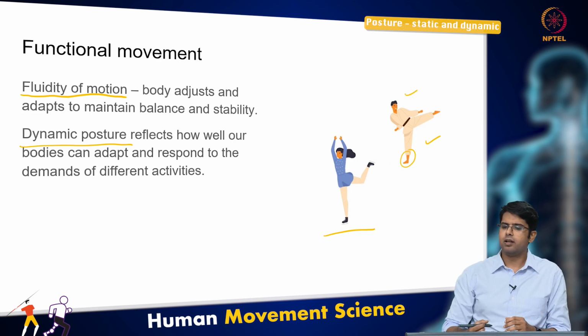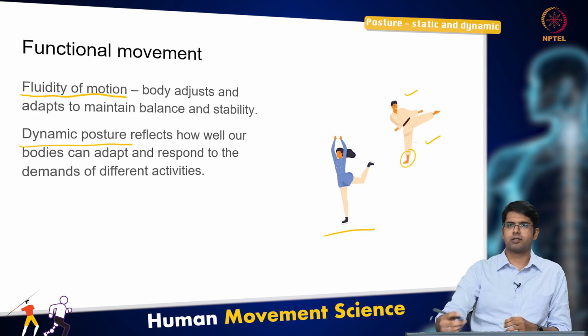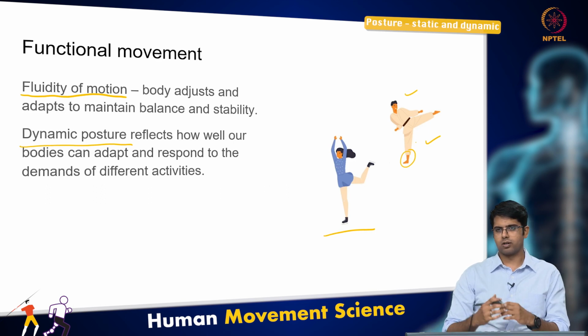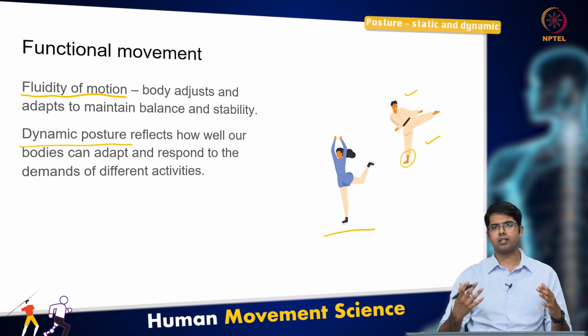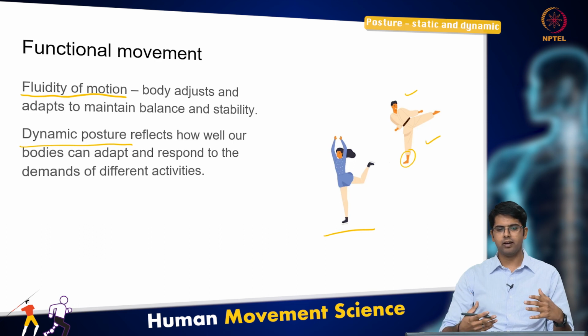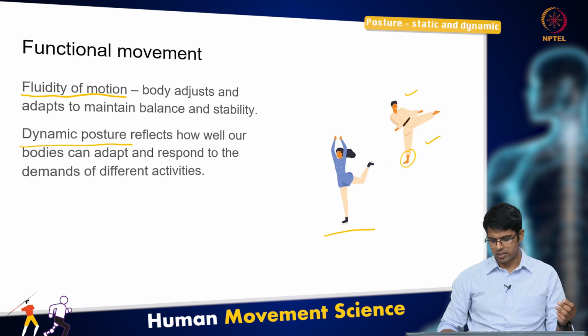So for example, martial arts, close quarter combat is a very dynamic activity, and you have to constantly adjust and adapt to your opponent's movements. So being able to do that in a fluid way defines your capabilities of functional movement and also your injury resilience.